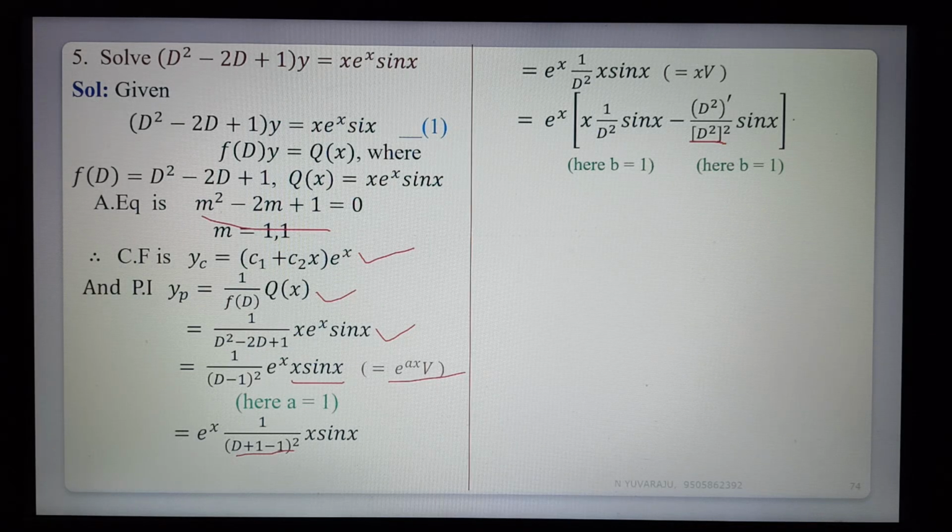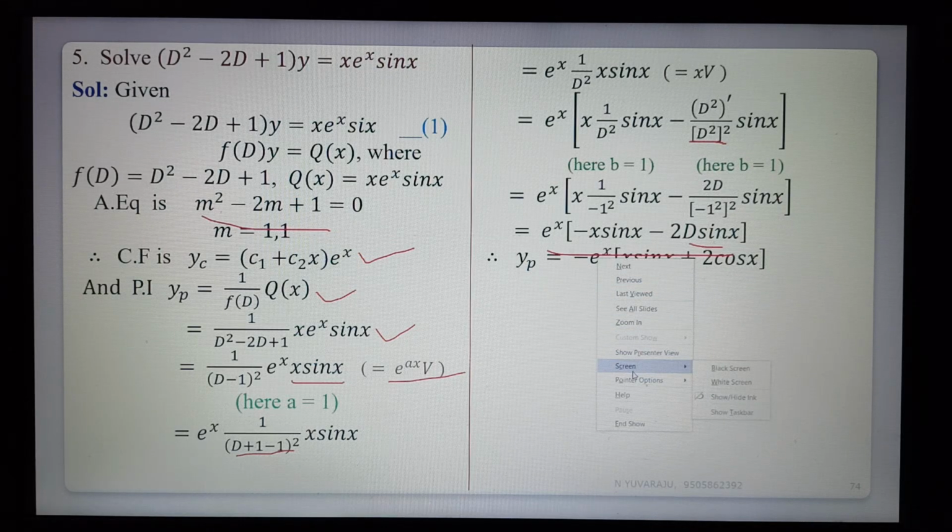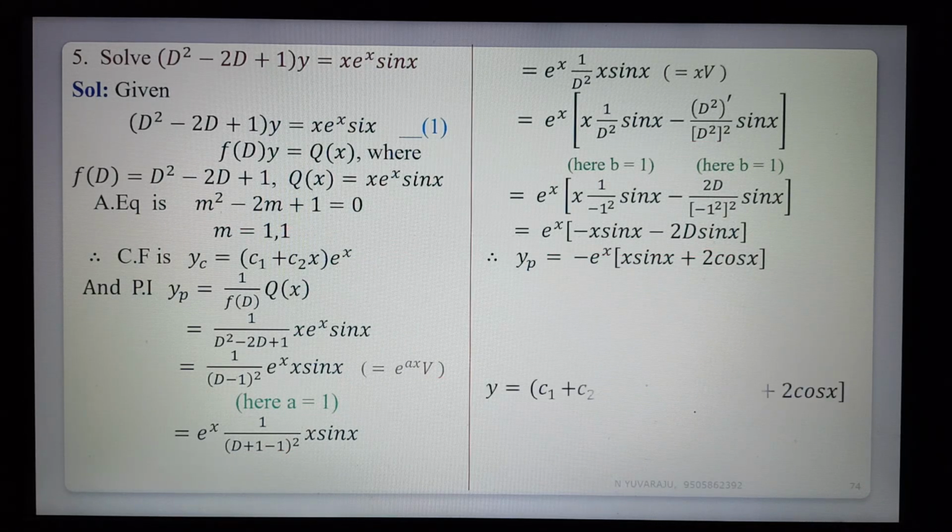Here b = 1, so D² becomes -1², e^x into 1/(-1²) into sin x, D² derivative 2D, so this is (-1²)² into sin x. So that is equal to, simplification, e^x into -x sin x, this is a -2D sin x, D sin x means the derivative of sin x. So -e^x into (x sin x + 2 cos x). So this is the yp.